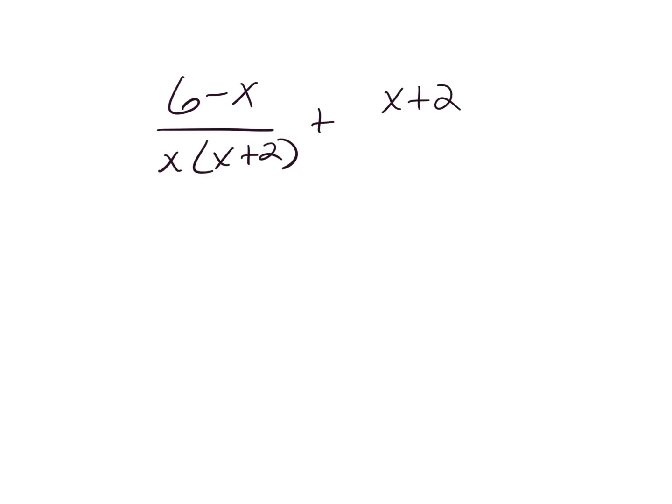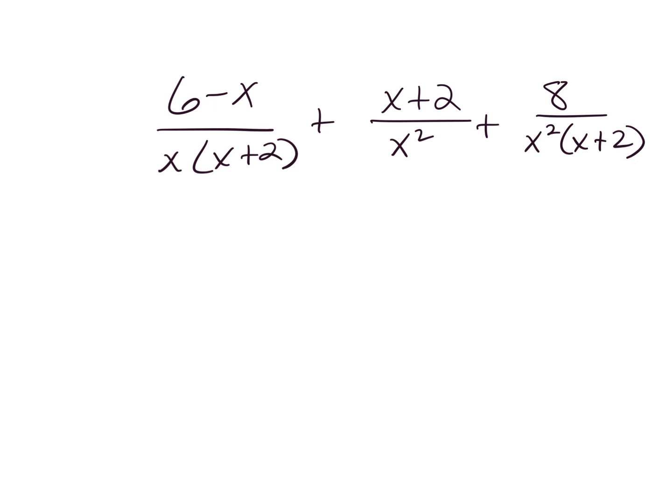All right, so for this one, here is the problem. 6 minus x over x times x plus 2, plus x plus 2 over x squared, plus 8 over x squared times x plus 2.